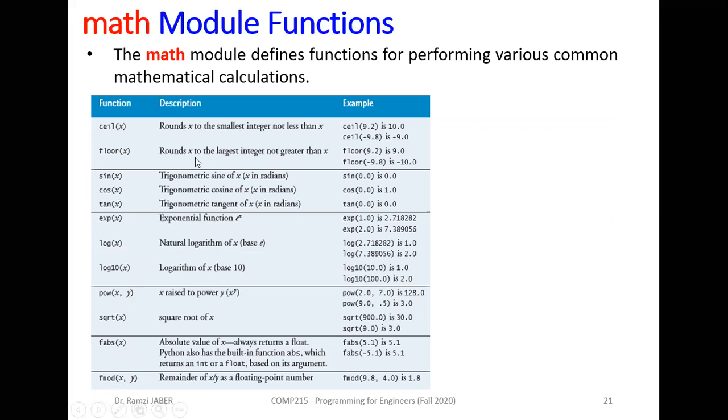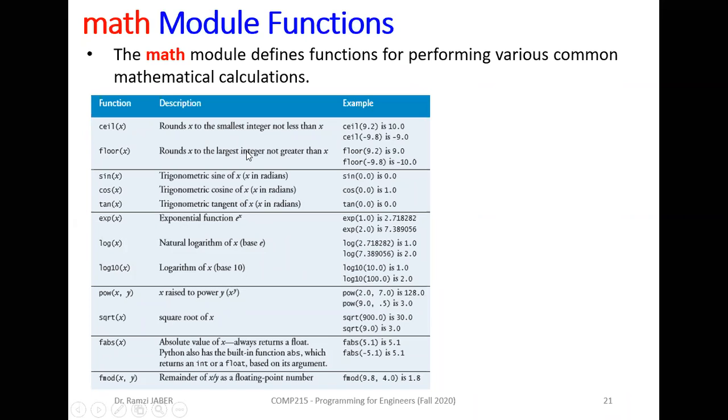Okay, by the way, we have an error here. Ceil rounds x to the largest integer, not the floor, rounds to the larger, not greater than x. Okay, ceil, like here, ceil 9.2 will give us 10. Okay, 9.2, 9.1 will give us 10.